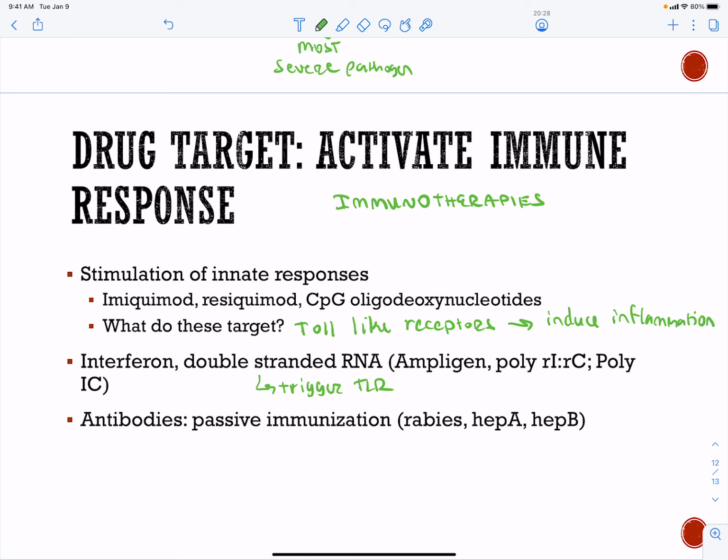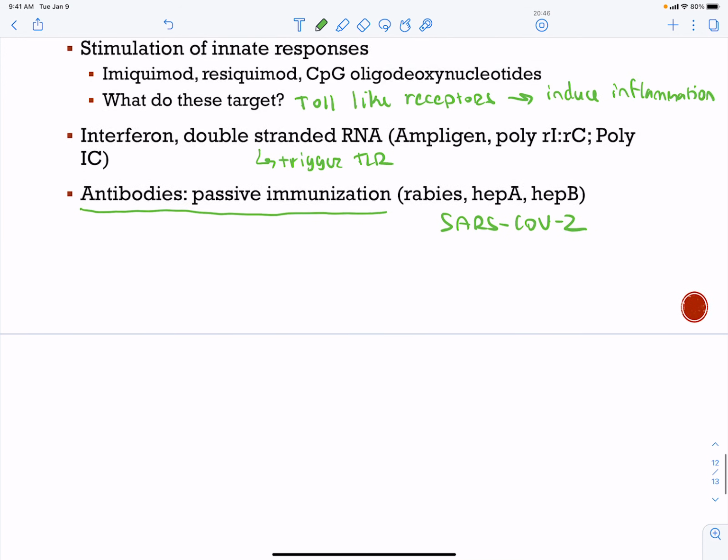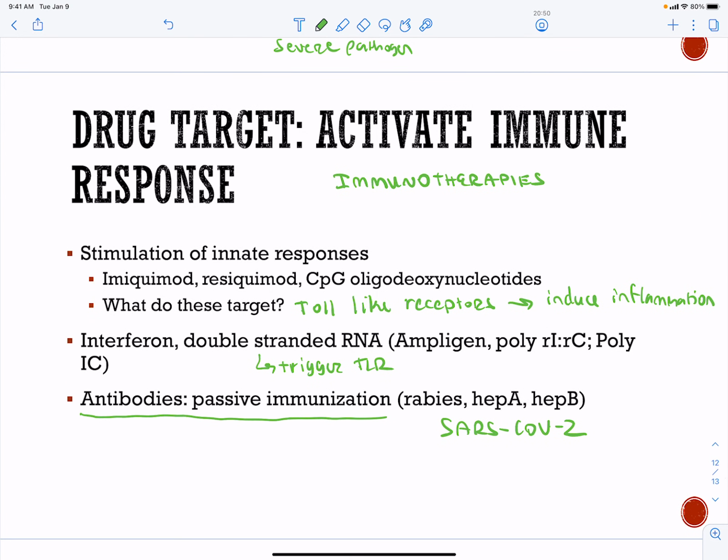All can be added and activate your innate immune response, which in turn can induce inflammation and activate your acquired response. There's also antibodies for passive immunization, and we can add in here SARS-CoV-2. And the antibodies are, of course, going to neutralize viruses before they can further infect the person.